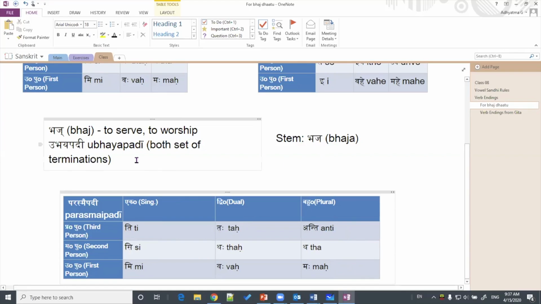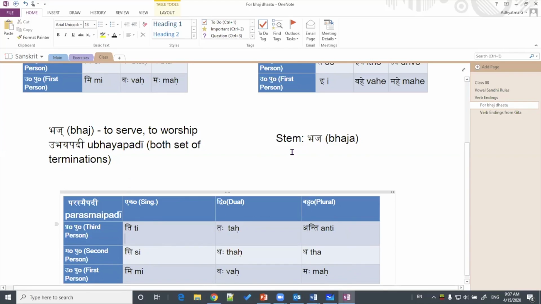Bhaja is ubhayapadi, it takes both sorts of terminations, so I would be able to make both. Here it's very simple.